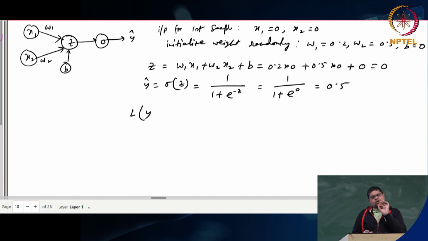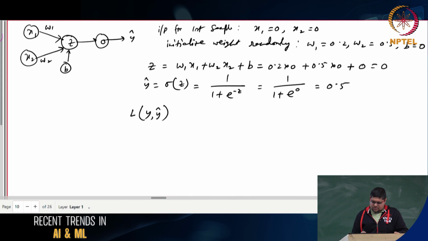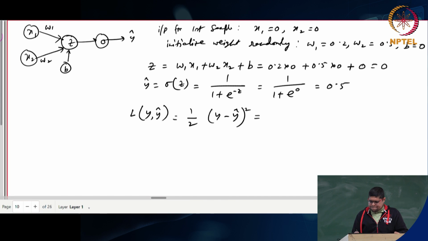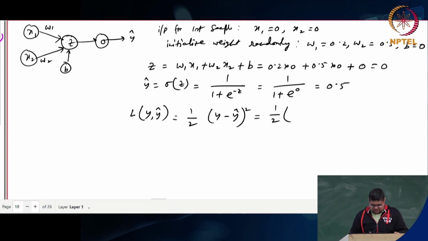So what will be our loss? I am calculating for only one sample, that's why I am taking L, not J. This will be what I have taken, half of y minus y hat square. Half of what is my y? 0. Why 0?